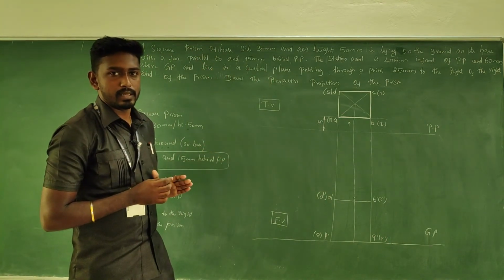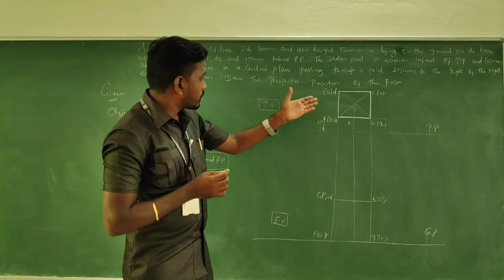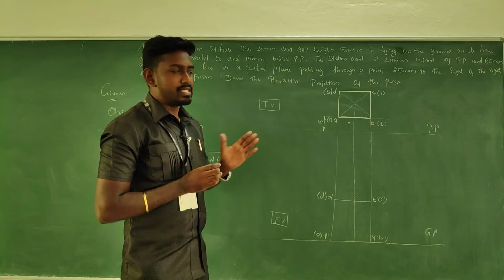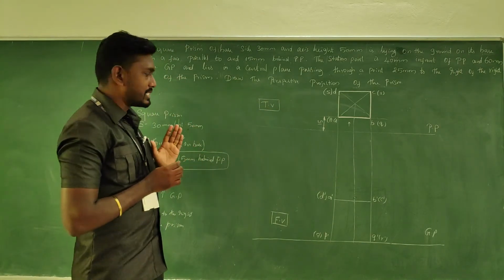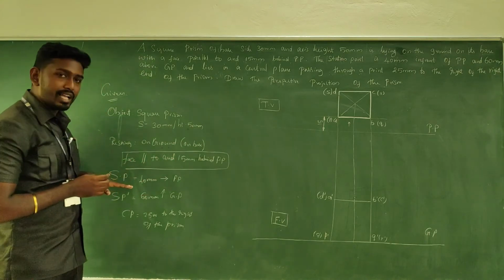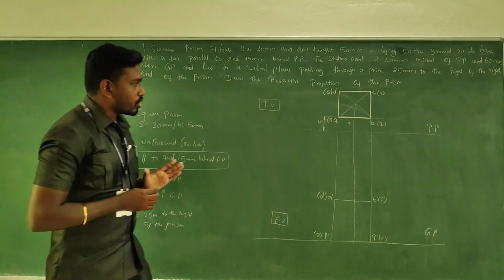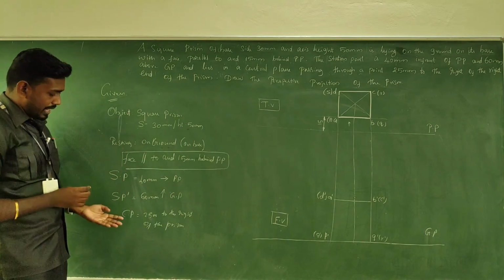What is next? The top view trace and front view trace we have completed. Next, it's time to get the perspective projection. For that we need the center plane and we need to specify the station point. What about the condition given in the question?